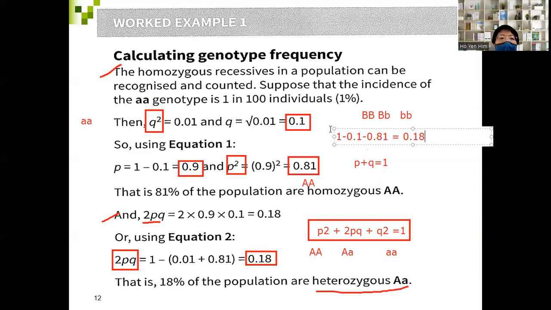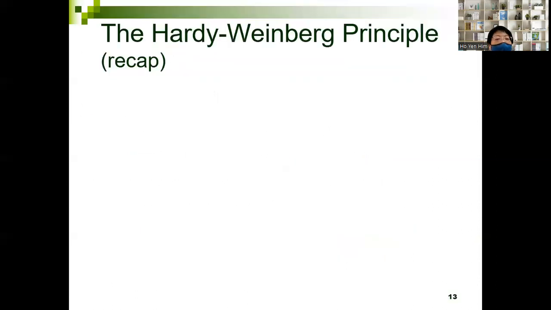Okay. So now, are we ready to do questions? Yes. So recap the Hardy-Weinberg principle. In the Hardy-Weinberg principle, the allele frequency of a dominant allele in a population is represented by P. And the allele frequency of a recessive allele, small a, is represented by Q. I think you need to fill in something in your notes.